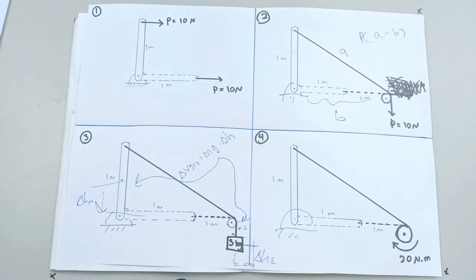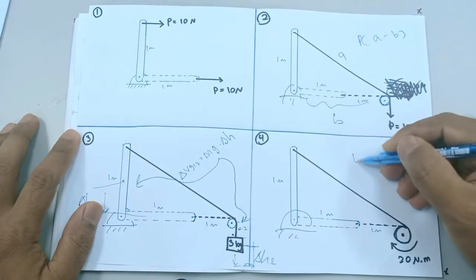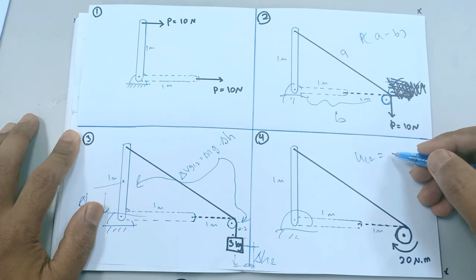And the last one here, at the end of this cable, you have, let's say, a motor that gives you a constant torque of 20 Newton meter. So this one you have to consider as work done by a couple, because you have a couple here. So you have to use the equation U12 equal to M d theta.